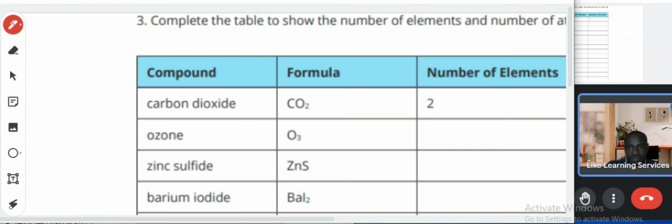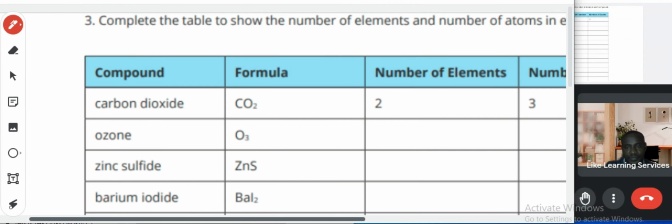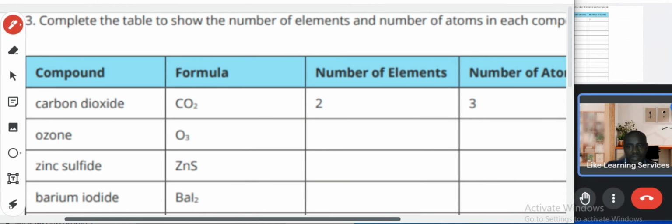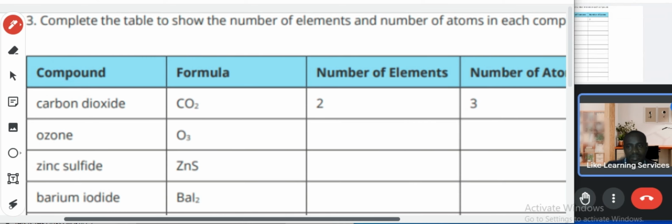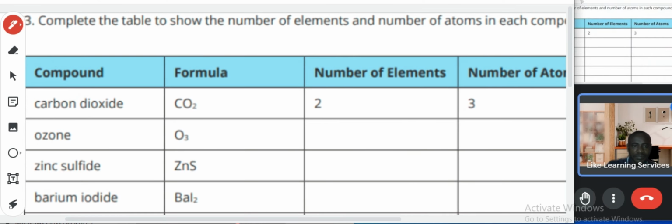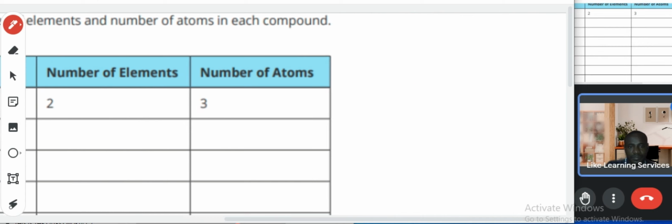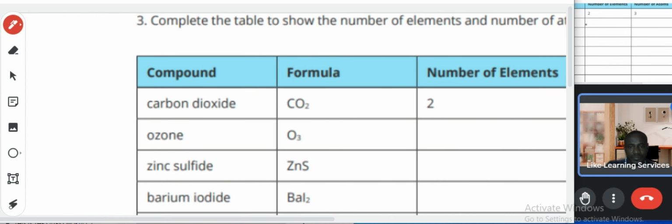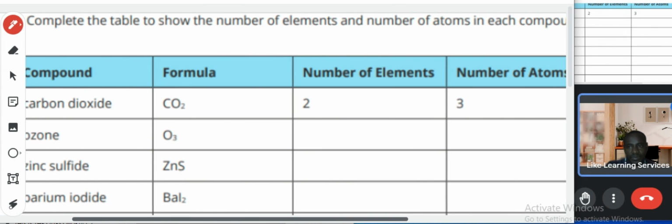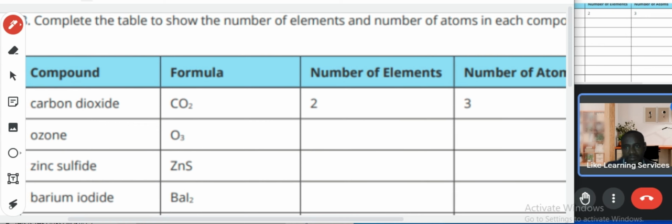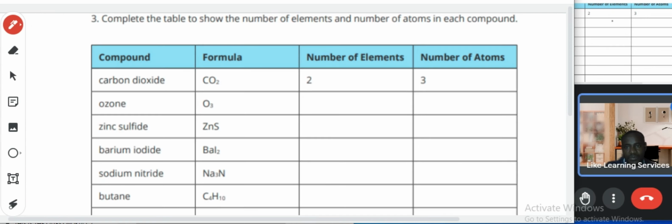Can zoom in to see it better. Some have been done for you already, like this one. So complete the table to show the number of elements and number of atoms in each compound.